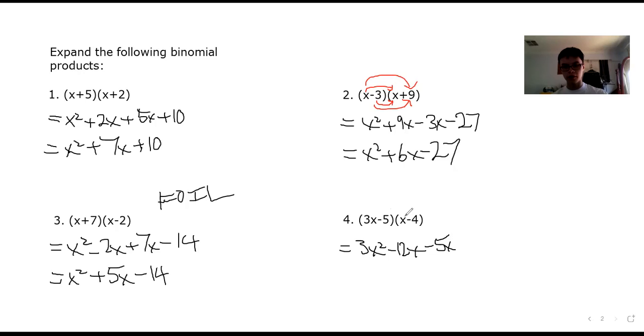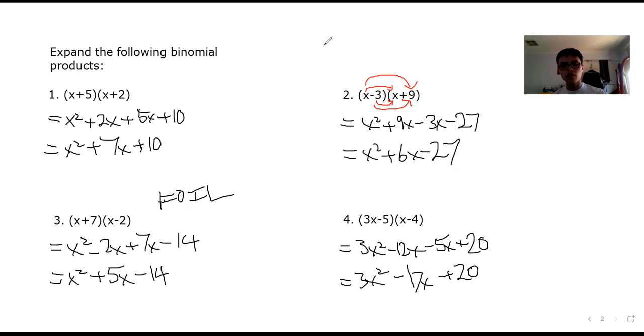So multiplying those two terms, and then multiplying the last term by this -5 here. So -5 times -4 gives 20. And then we just get 3x squared minus 17x plus 20.